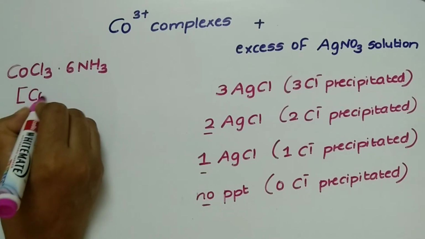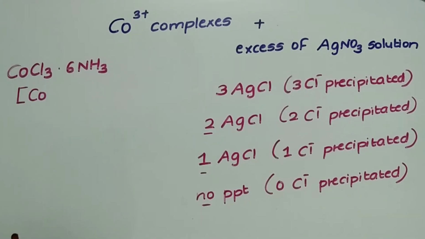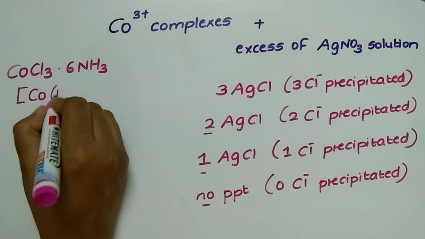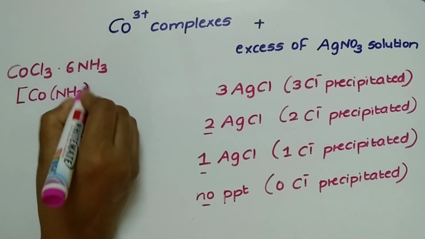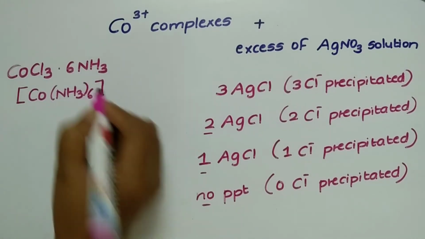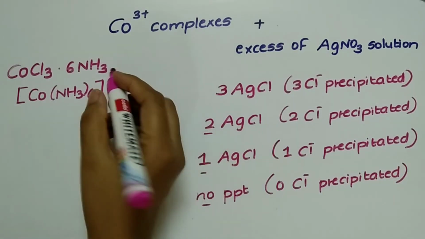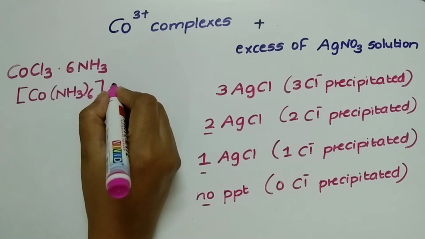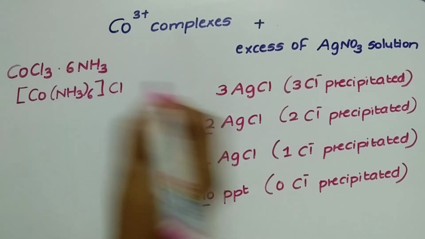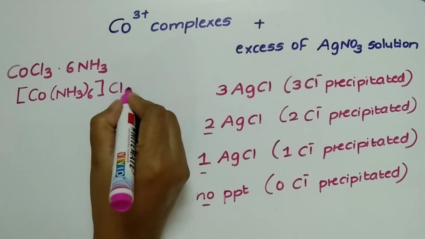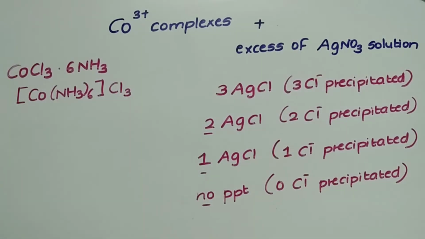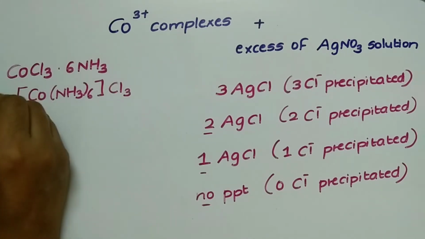It will be Co, square bracket, Co(NH3)6. Precipitated means it is ionized, so we will write it outside. How many precipitated? 3. So write Cl3. So this was the formula for the coordination compound, that was for the first one.